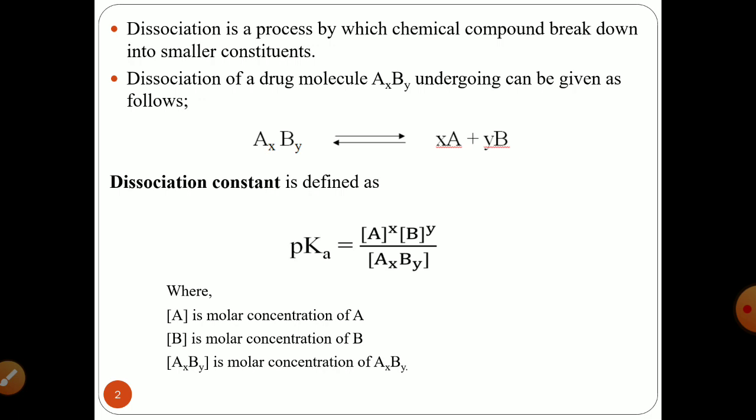When you are dealing with the dissociation constant, the proportion between the products and the undissociated compound lies in such an order that the ratio of the respective ion concentrations divided by the concentration of the non-ionic molecule will give you the dissociation constant.